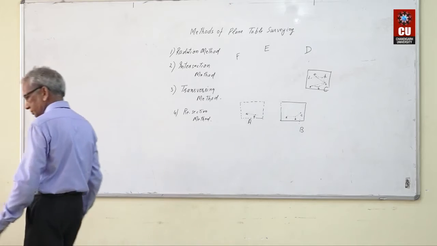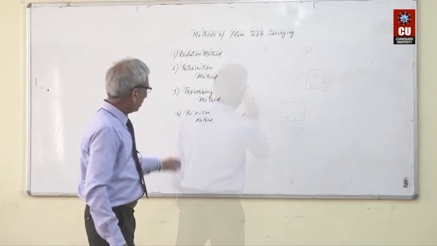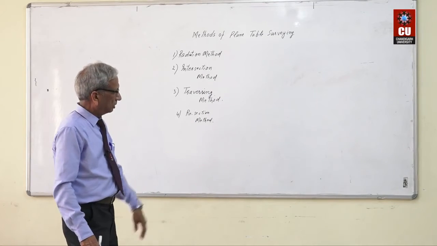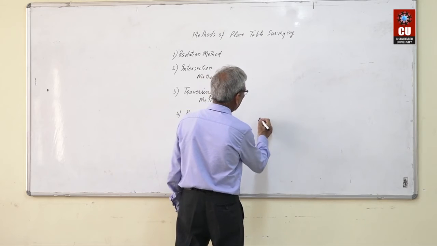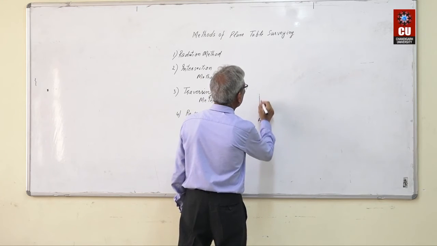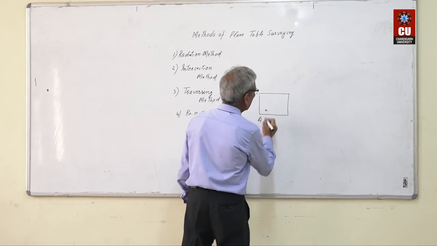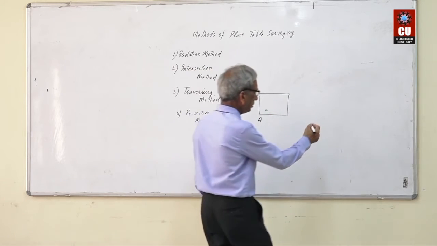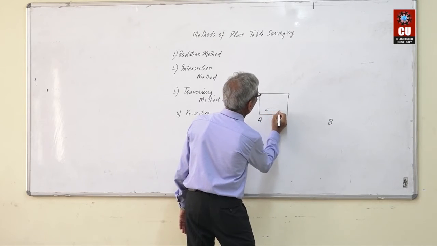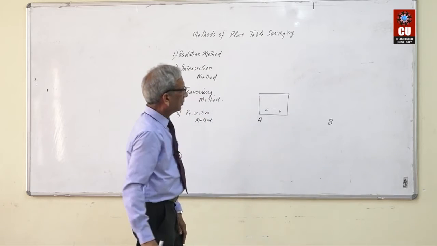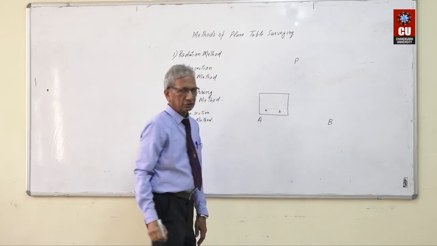Now the last method is resection method. Now the fourth method, resection method, I will tell you about that. We have a point A. We have another point B. We want to mark point P on the drawing sheet.